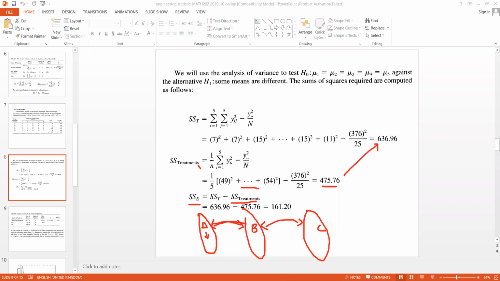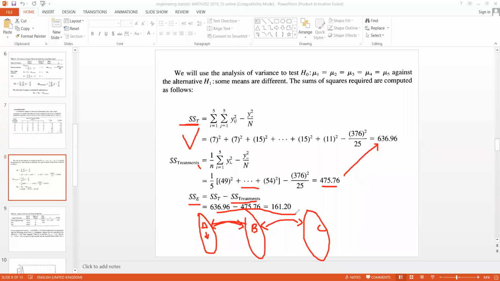So always the sum of squares total will exceed the sum of squares treatment. You take note of that.